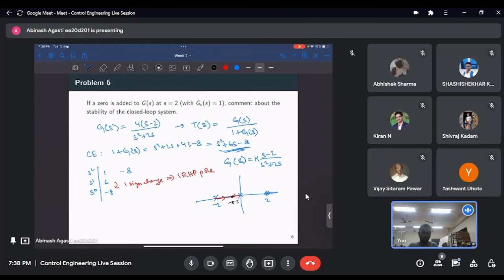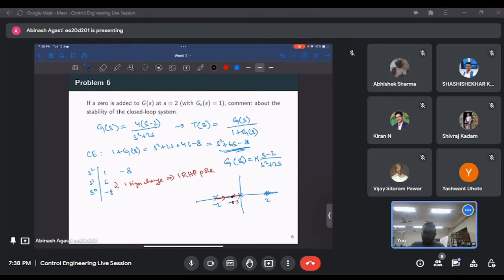So for positive gain value, let me share the book. One minute. Yeah, hold on, just a minute.